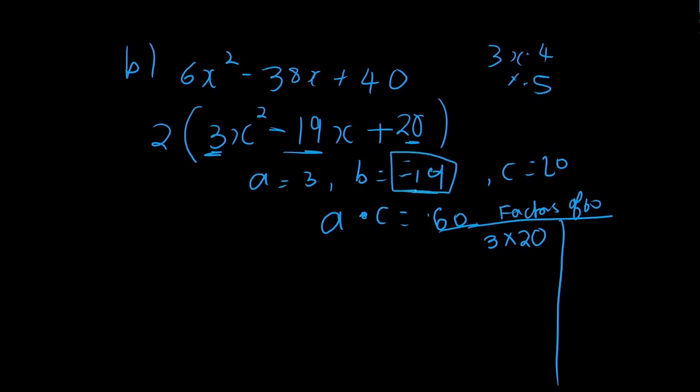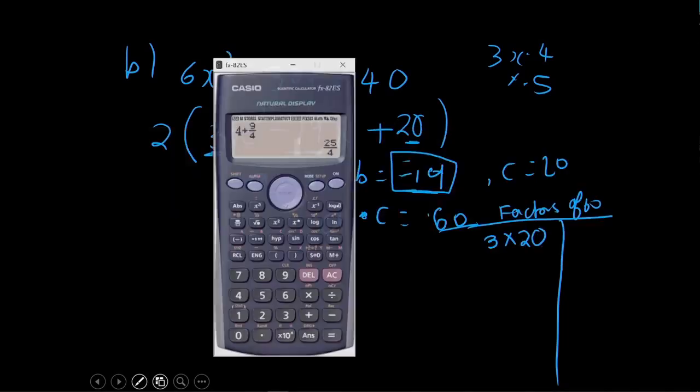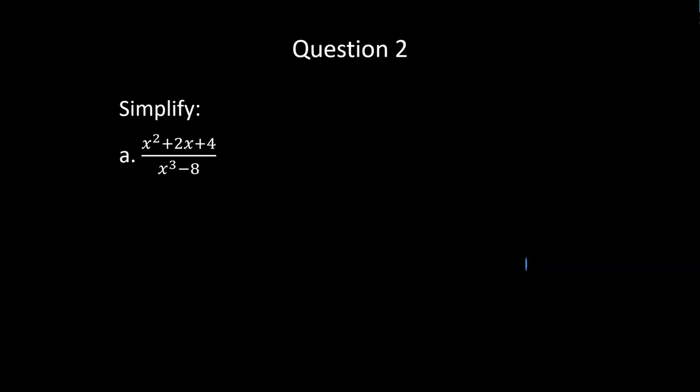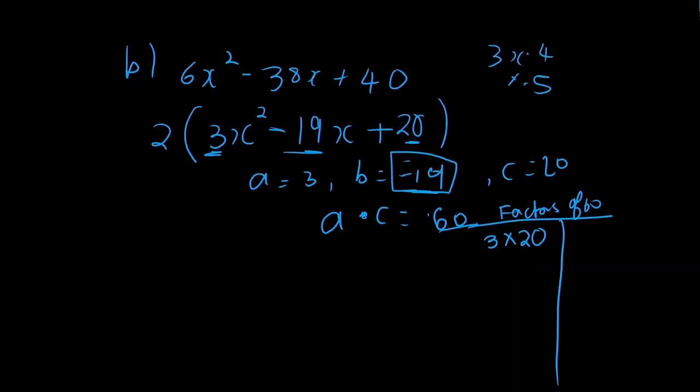negative 19. All right, so I'm going to call my calculator up here. There it is. Let's check the factors of 60. So we can do 60 divided by 15, and that gives me 4. So another possibility, and you will list all the other factors, is 15 and 4. 15 times 4 also gives me 60.